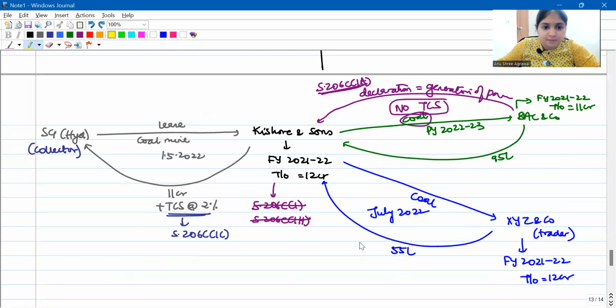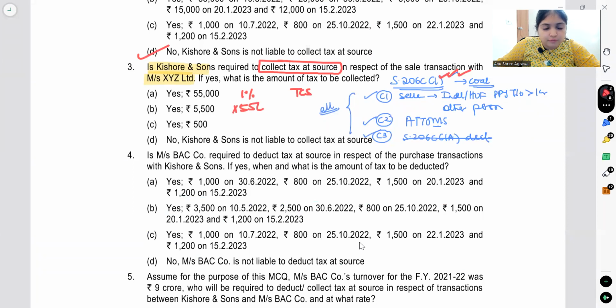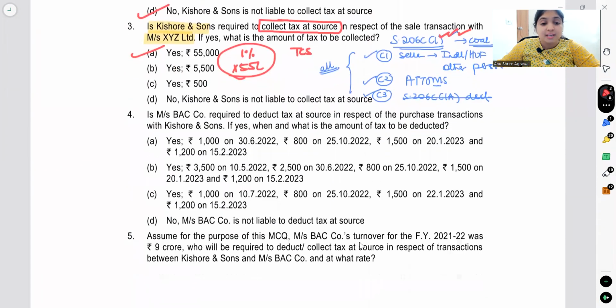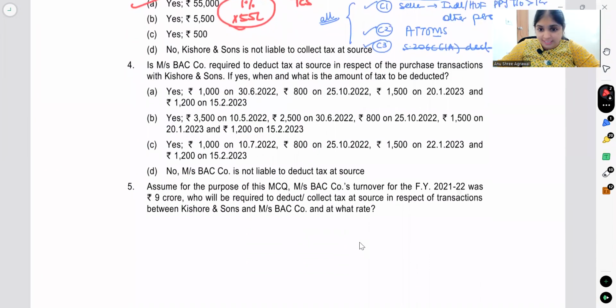Total sale is 55 lakhs. So 1% of 55 lakhs, this is going to be how much? 55,000. So yes, there will be TCS under 2061. How much? 1% of 55 lakhs, 55,000. I hope you're able to handle this, guys. Got it? So this was subdivision 3.